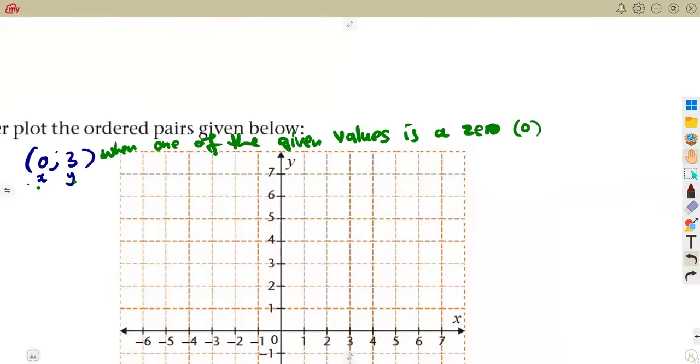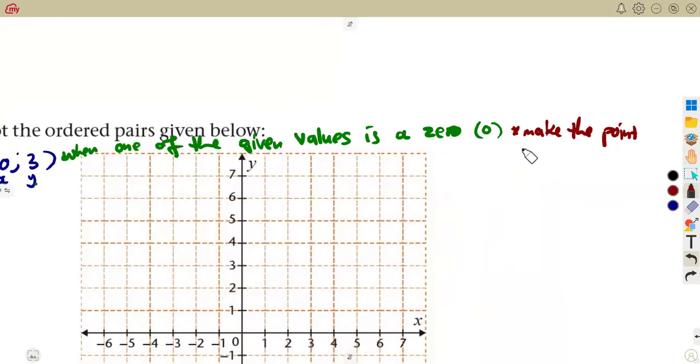So in this case, you are going to mark the point on the one which is not 0. Where is it located? Direct where it is.